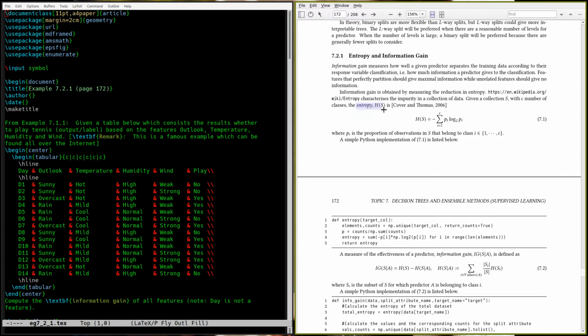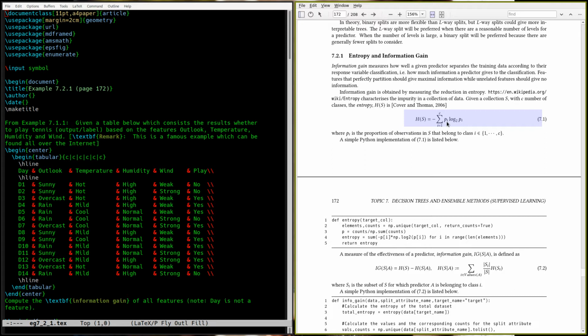So the keyword is entropy, and H(S) is the standard notation for entropy. It is a concept which comes from physics. The formula for splitting is given by something like this.